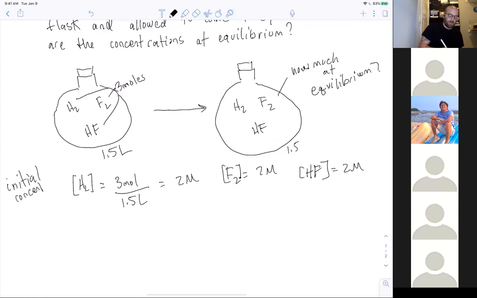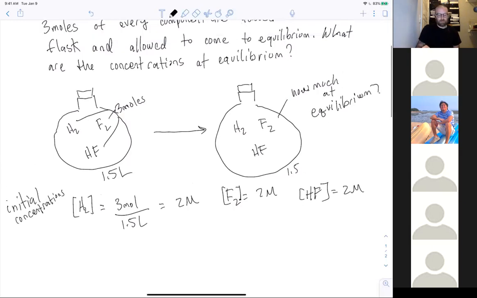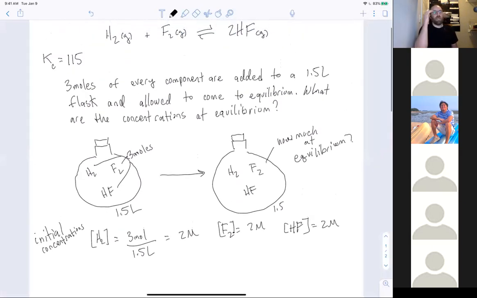Okay, so here's what happens with these problems. I think ICE tables are really handy as bookkeeping methods, but a lot of times they give students the impression, and I certainly was guilty of this as an undergraduate, that you can work out the problem by just following a recipe of writing out the table and pushing through all the numbers to get a solution, without really understanding what's going on chemically.